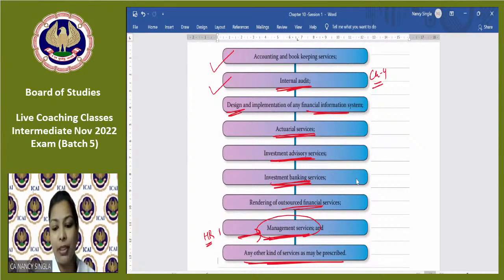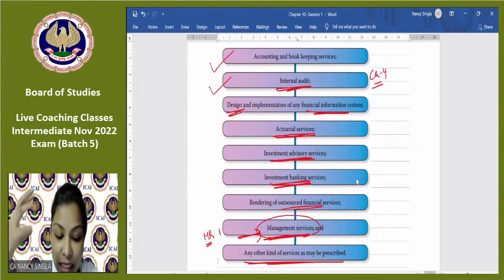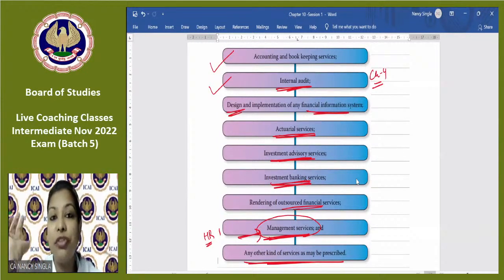So what will happen? See, in case any of the disqualifications that we have discussed above in subsection 3 is incurred after the appointment of the auditor, that is CA X in our case, he will immediately vacate the office as the auditor, and it will lead to a casual vacancy. Casual vacancy क्या होता है?